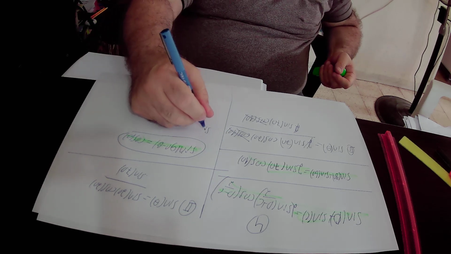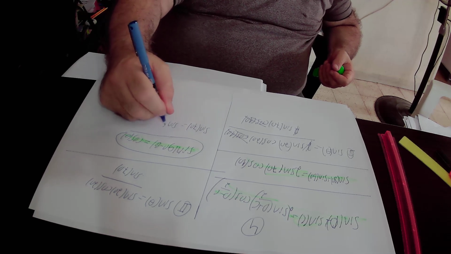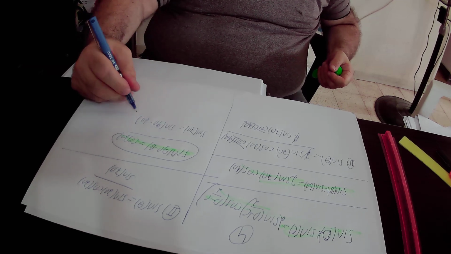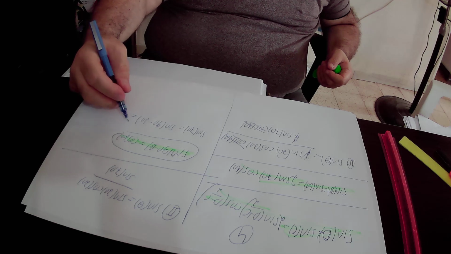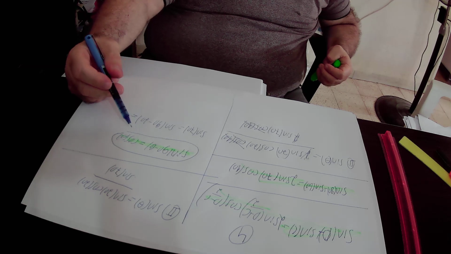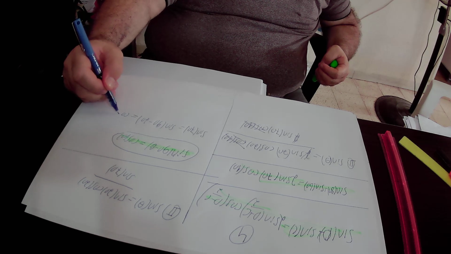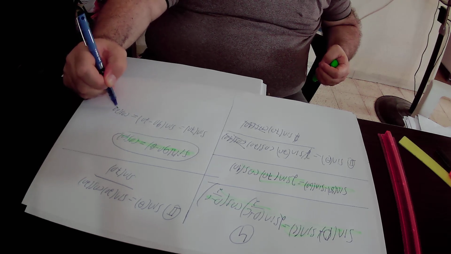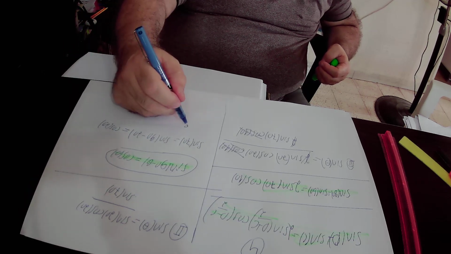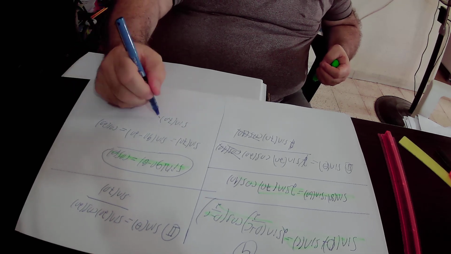Sine 70 degrees is equal to sine 90 degrees minus 20 degrees, and according to this identity, sine 90 degrees minus 20 degrees equals cosine 20 degrees. So in conclusion, sine 70 degrees is equal to cosine 20 degrees.